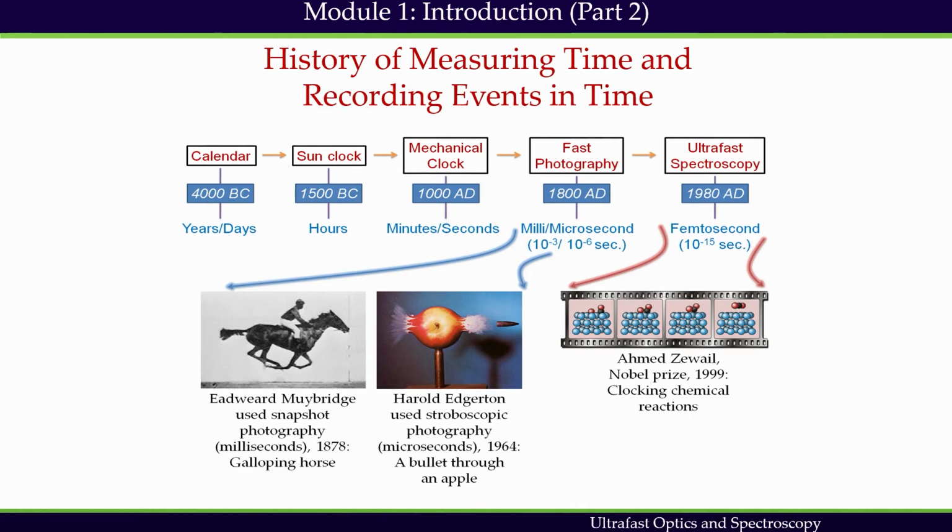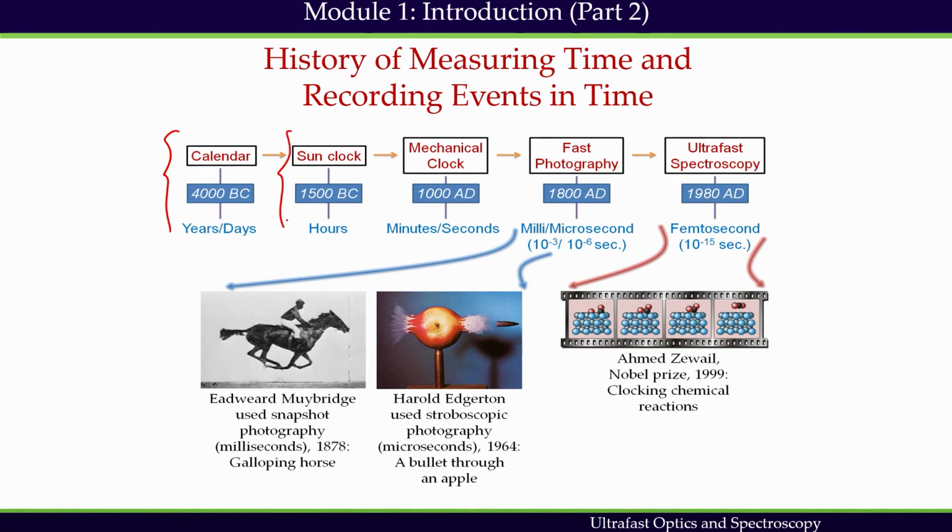Our interest in measuring time and recording events in time has a long history, as schematically depicted here. It is first reflected in ancient development of calendars in about 4000 BC. So, we developed calendar a long time ago, and calendar was kind of a time measuring device which helped us to understand processes in terms of years and days, followed by sun clock in about 1500 BC.